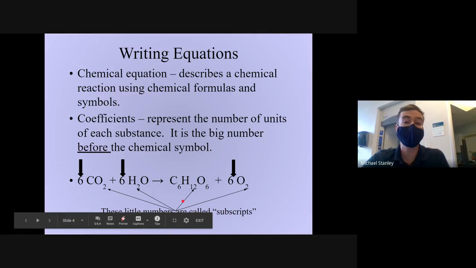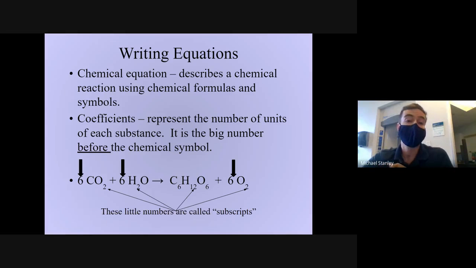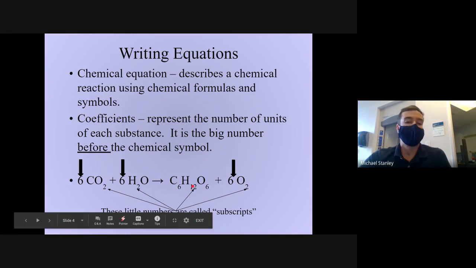The important thing to remember about subscripts is that they cannot change. They cannot be altered in a chemical equation. Pretend that they are like permanent marker, set in stone. These coefficients we can change around a little bit to make things balanced, and we'll talk about how we do that in just a second.